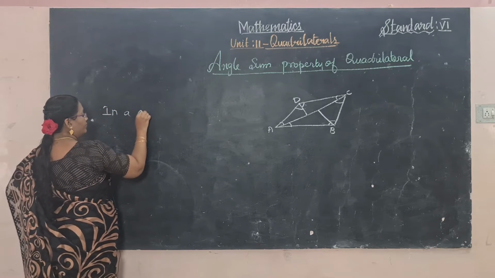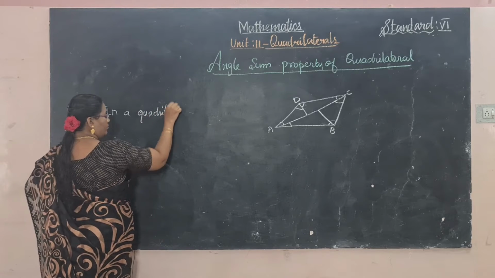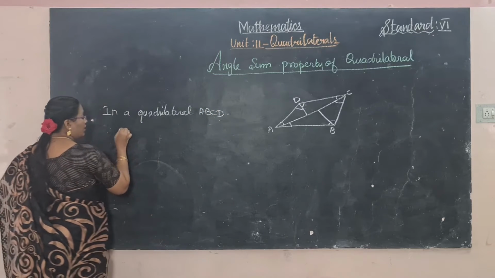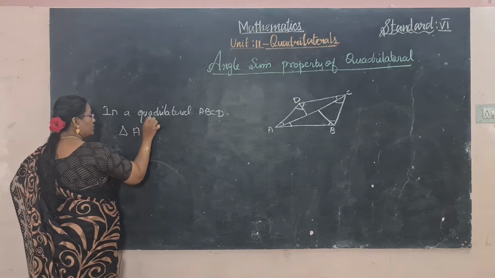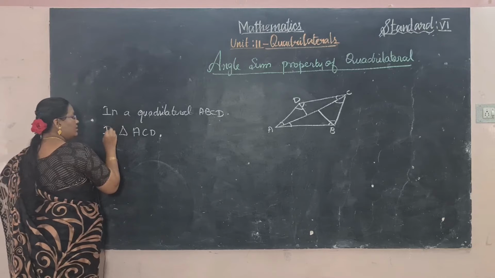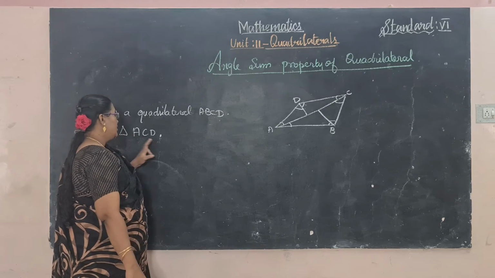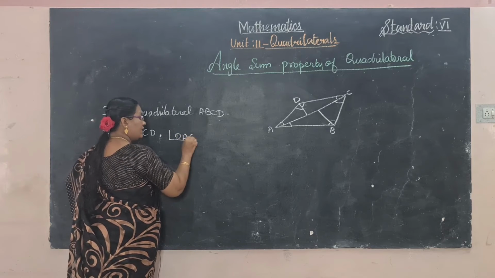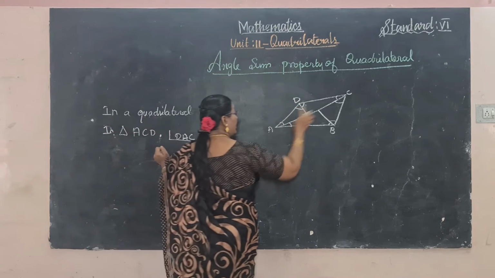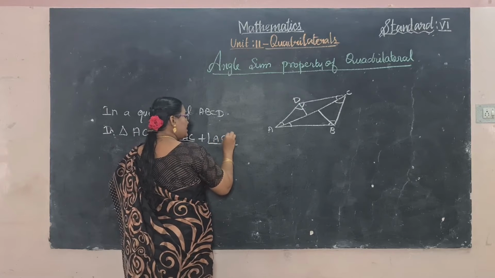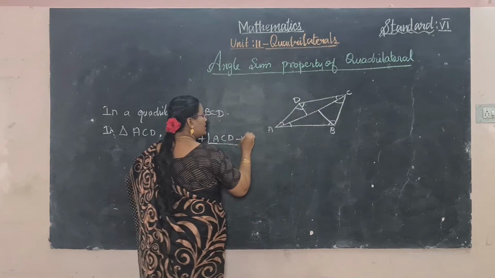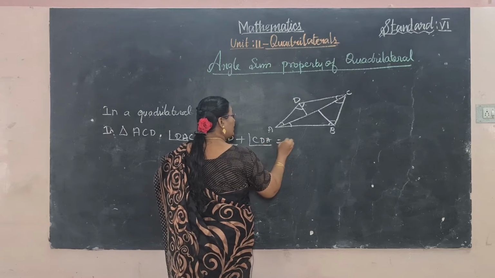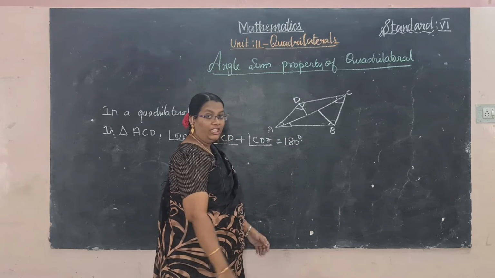In quadrilateral ABCD, in triangle ACD, angle DAC plus angle ACD plus angle CDA equal to 180 degree.